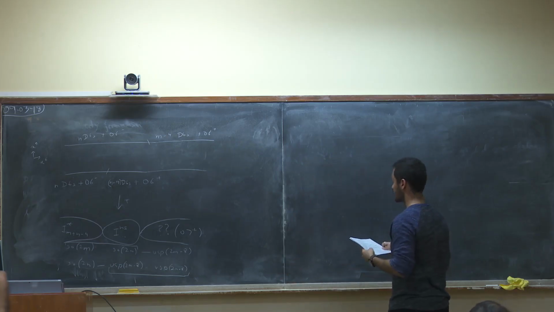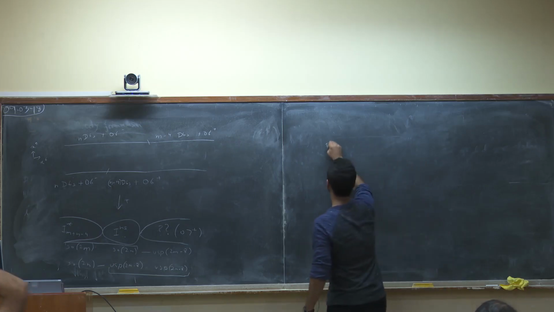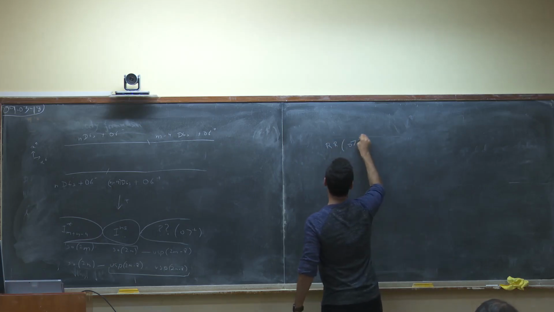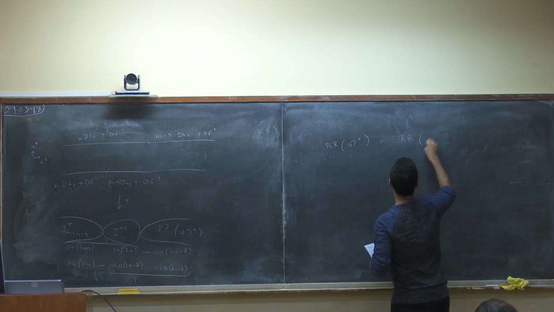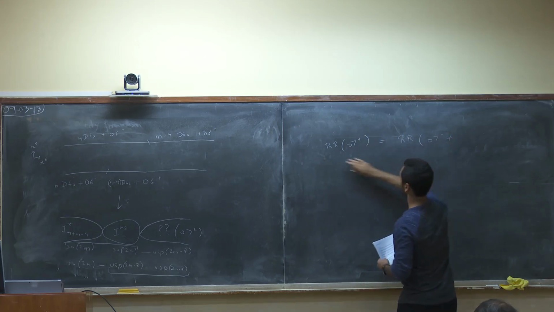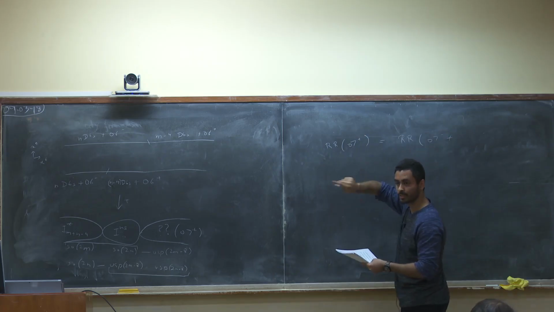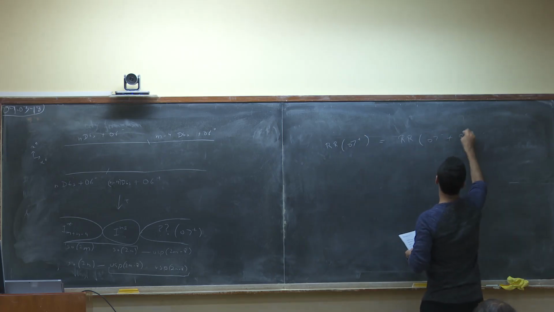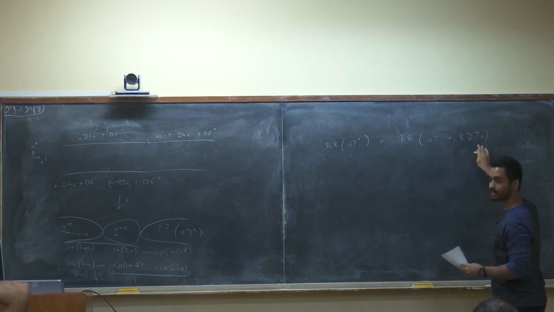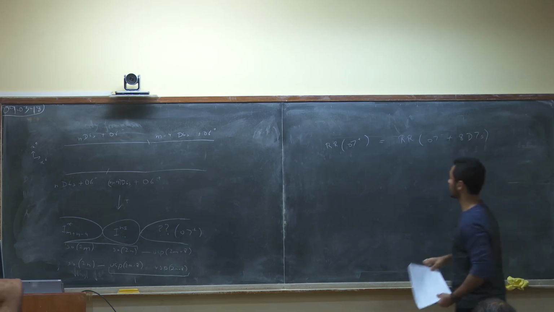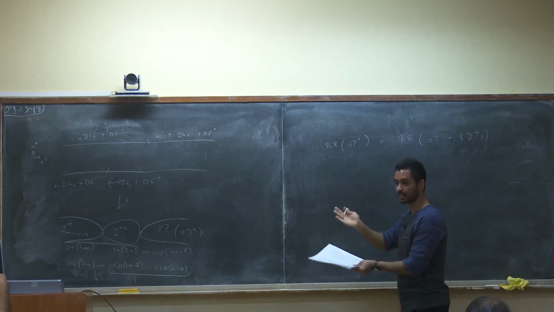Okay, so the RR charge of O7 plus is equal to the RR charge of O7 minus. The RR charge is what governs the monodromy. So it's equal to the RR charge of an O7 minus with 8 D7s, and both of them induce a Z2 orbifolding action on the geometry.